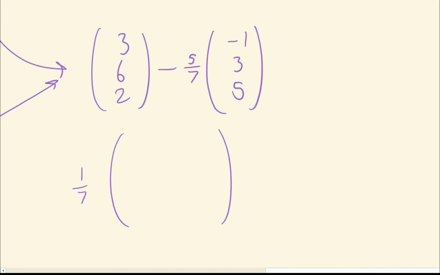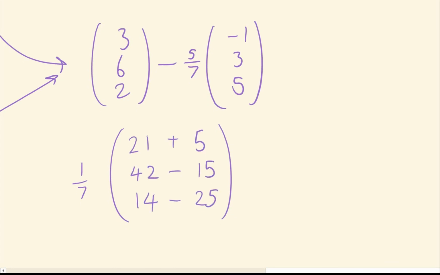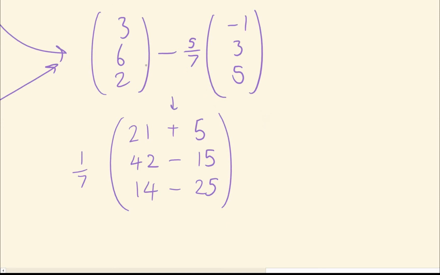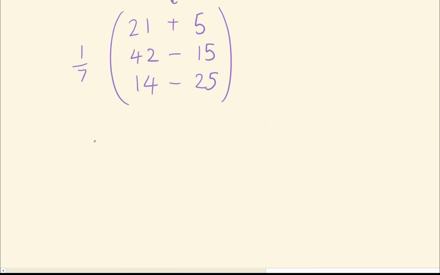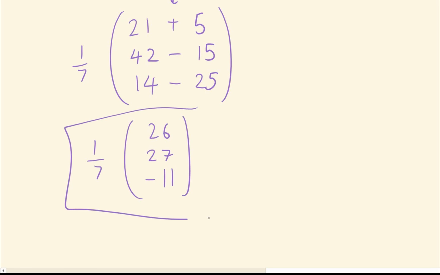That gives me this form, so these things are exactly the same, which then simplifies down to 1/7 of 26. 42 take away 15 is something crazy, 27, and 14 take away 25 is minus 11. Okay, and that is the shortest vector from my line to my point.